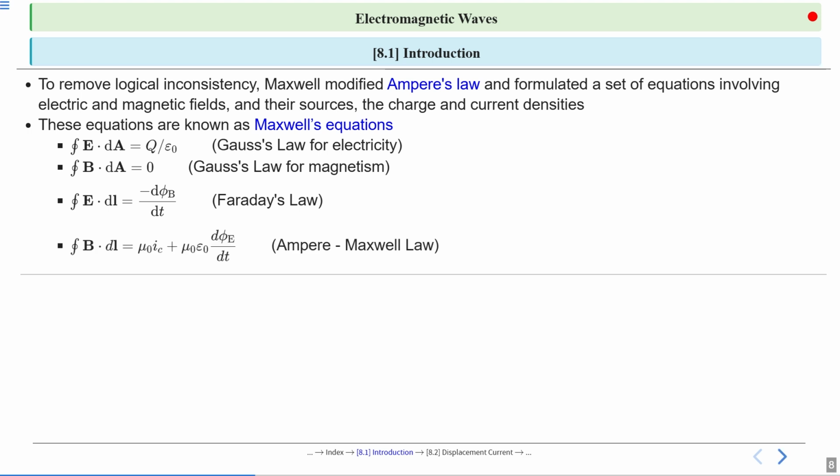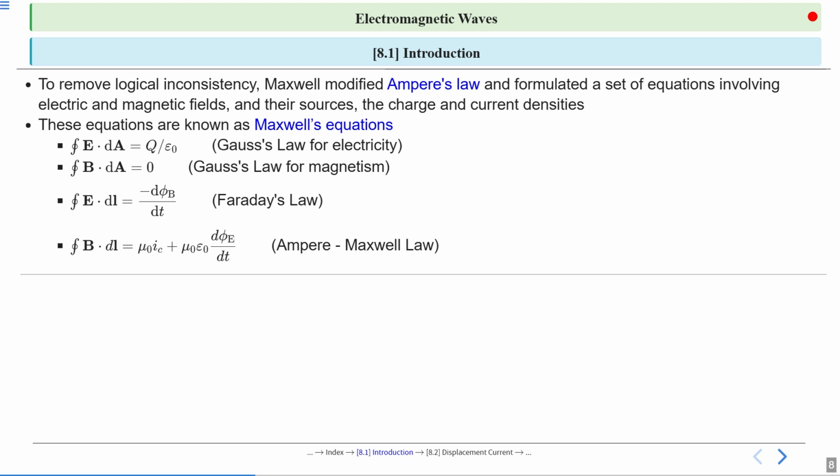And he modified the Ampere's law, and the final modified law is known as Ampere-Maxwell law. The closed loop integral of B dot dl is equal to mu naught I_C. This was the initial result for B dot dl, mu naught I_C only. I_C is the conduction current that is flowing through the wire.